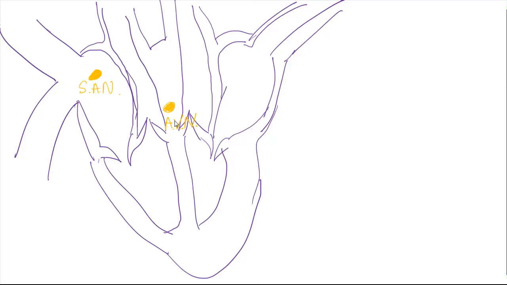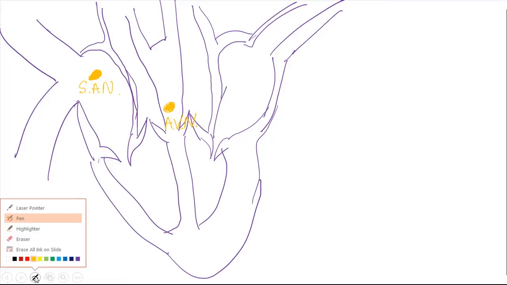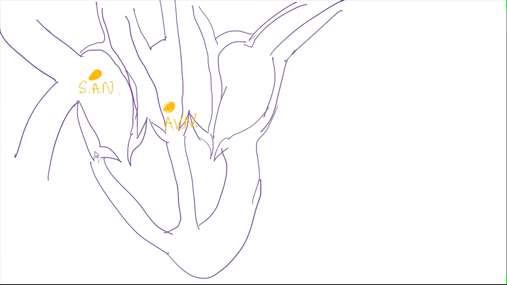Now, think about the fact that every cell in the heart is actually myogenic, which means that it can contract on its own volition. It doesn't need any control for that to happen. But if every cell in the heart was contracting independently, you would have lots of problems. So it must be coordinated, and that coordination comes from the role of the SAN.